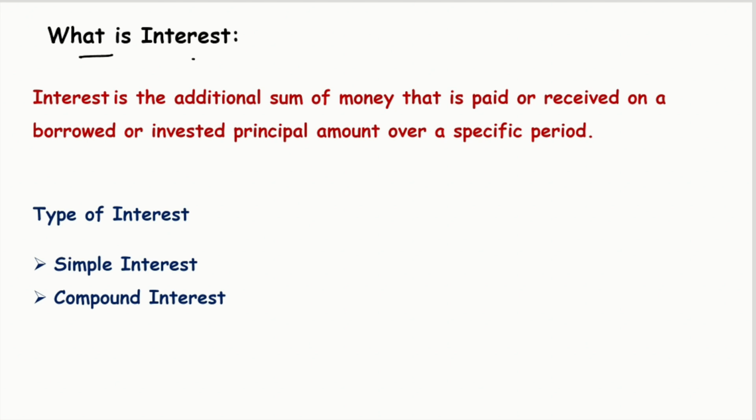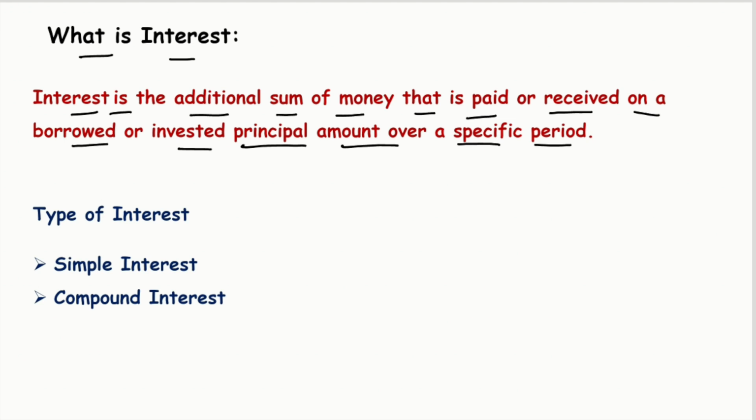So what is interest? Interest is the additional sum of money that is paid or received on a borrowed or invested principal, also known as amount, over a specific period.